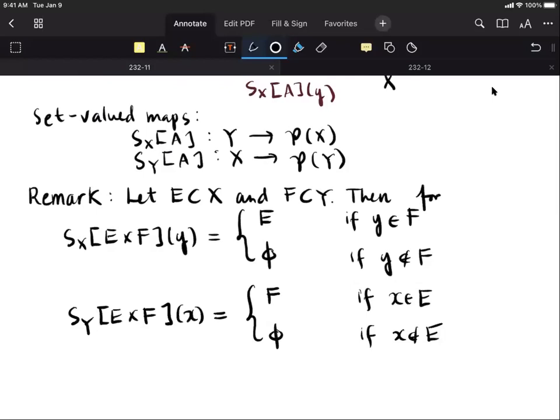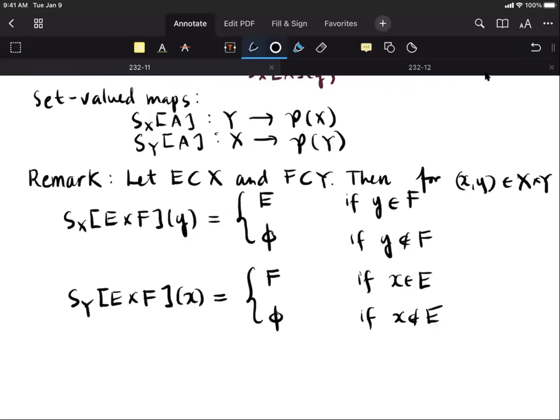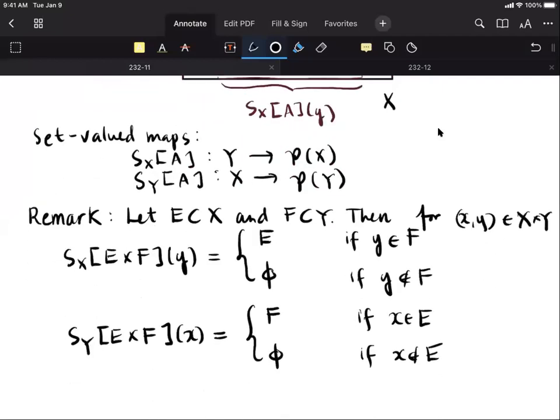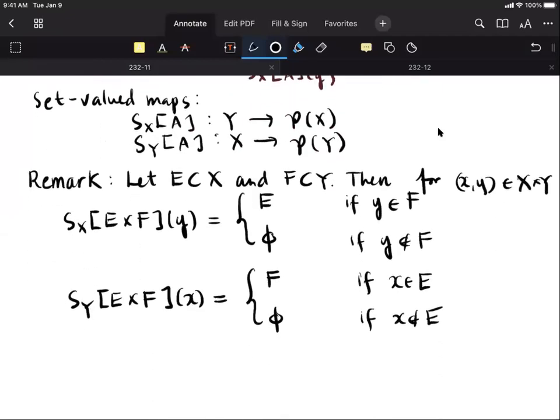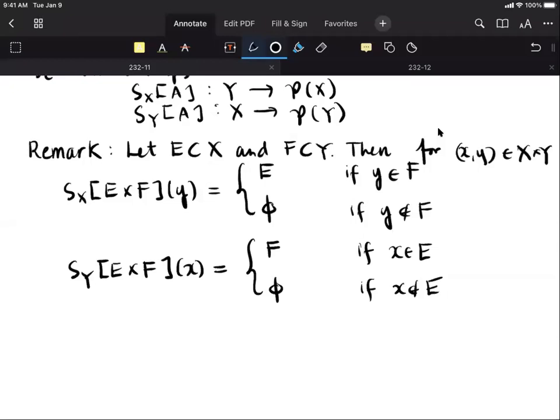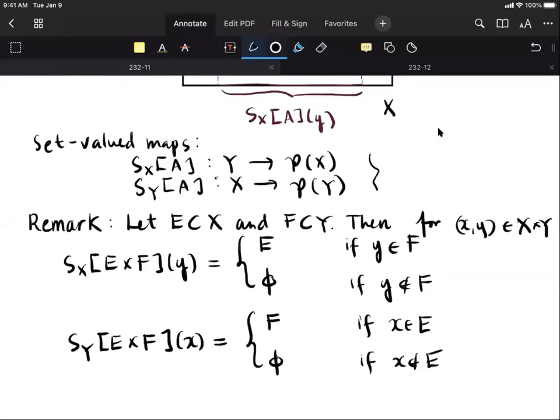So here, of course, the pair (x, y) is in X × Y. Okay, so this is a characterization of the sections on X and Y if you have a Cartesian product of two sets. So here we said that the values of the sections of a subset is either in the power set of X or in the power set of Y.